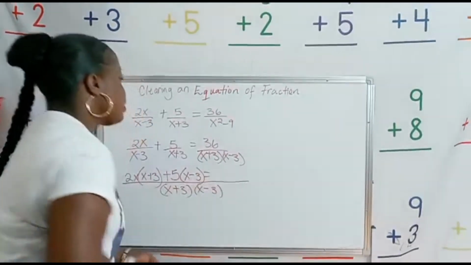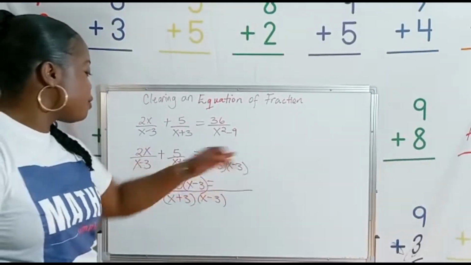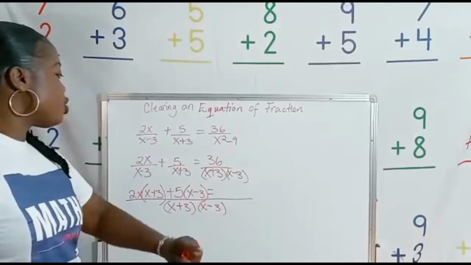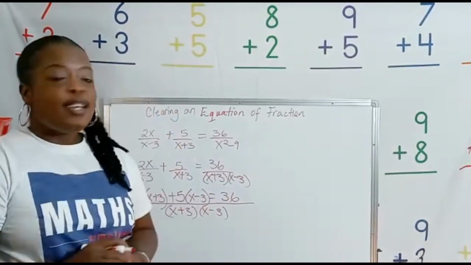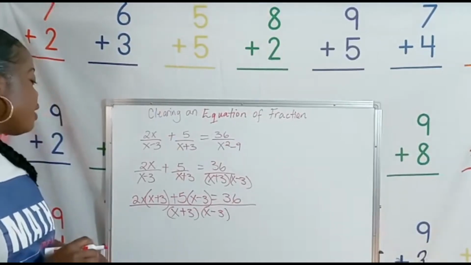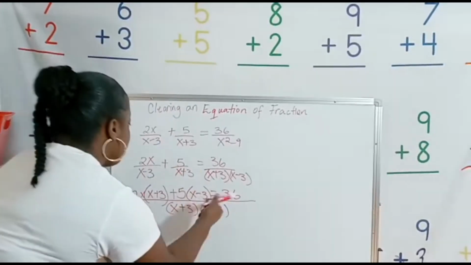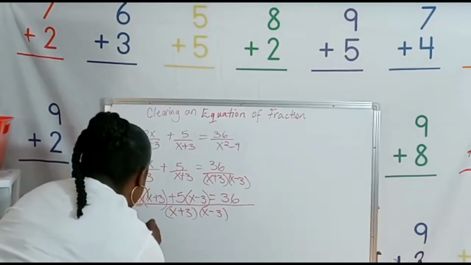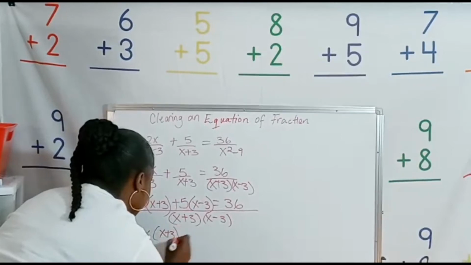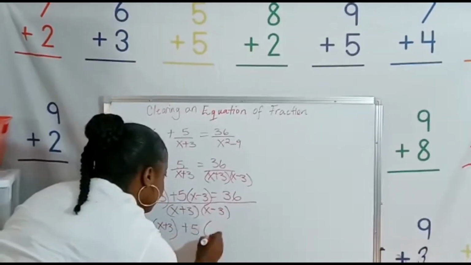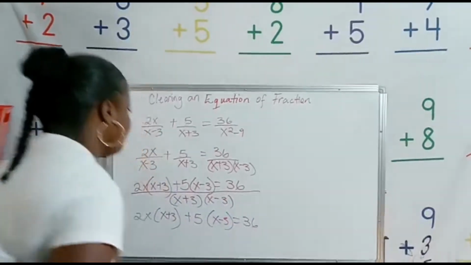All of this is equal to x plus 3 times x minus 3 into itself, which is just 1, so I'm just left with 36. Now that I have my fraction like this, I can go ahead and remove my denominator and solve for x. So I have 2x times x plus 3, plus 5 times x minus 3 equals 36.